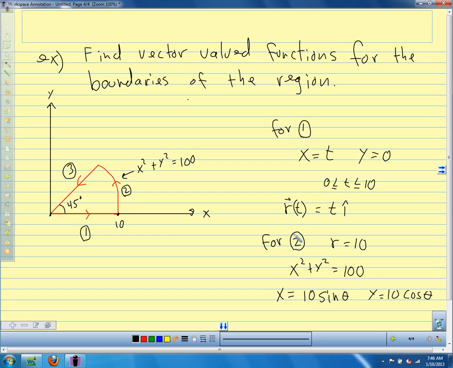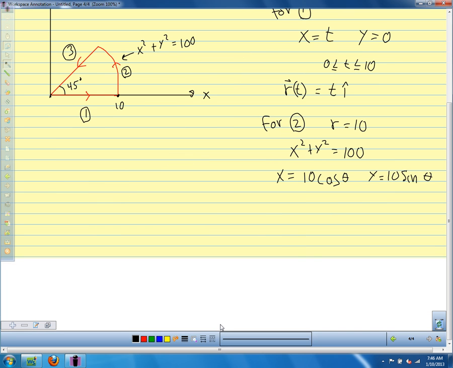So if we pick x equals 10 cosine theta, and y equals 10 sine theta, then we can start theta at 0. And that would just make it a little nicer to write our function.